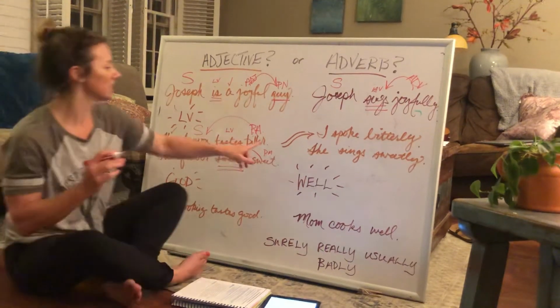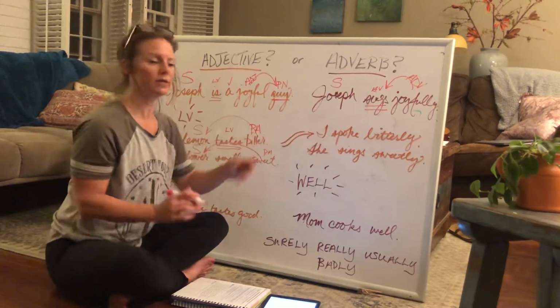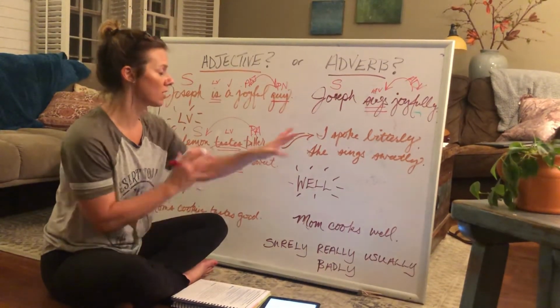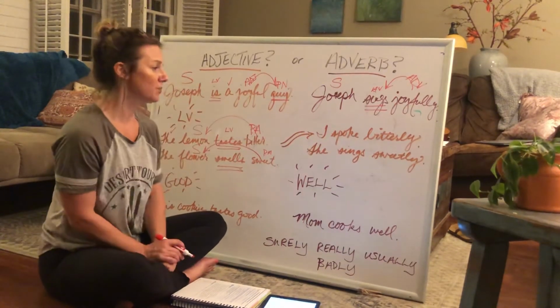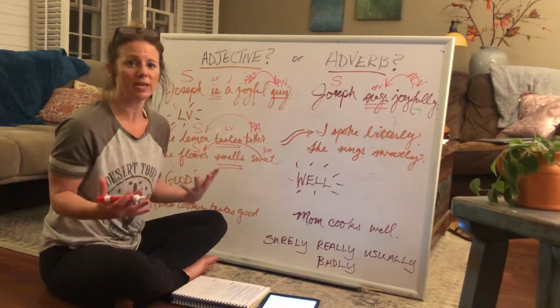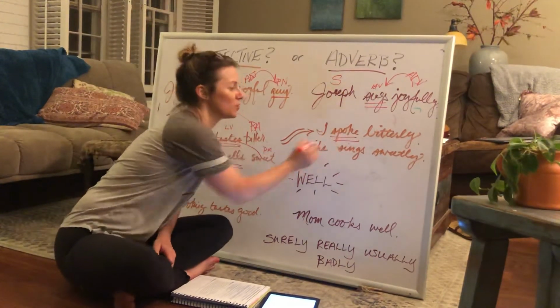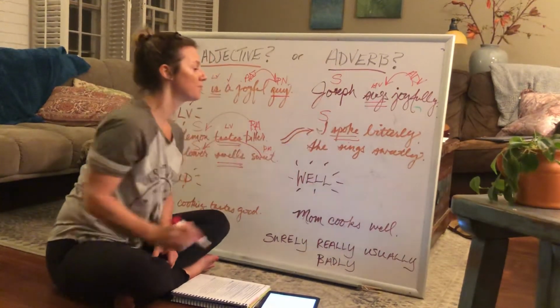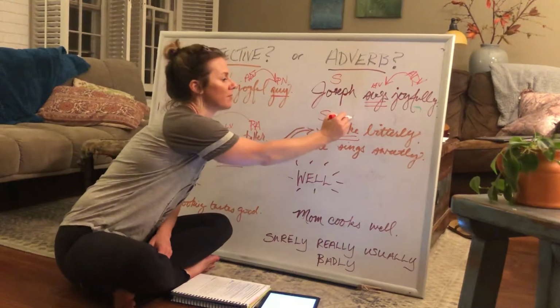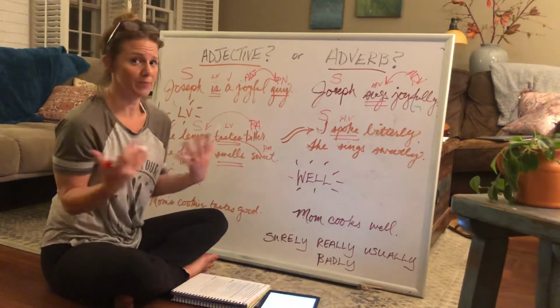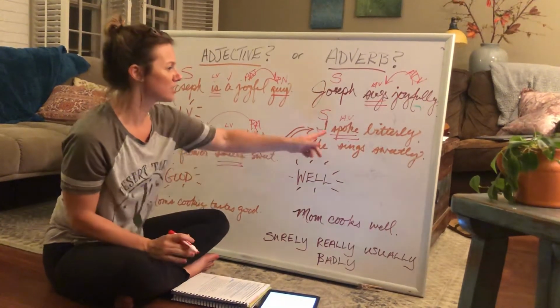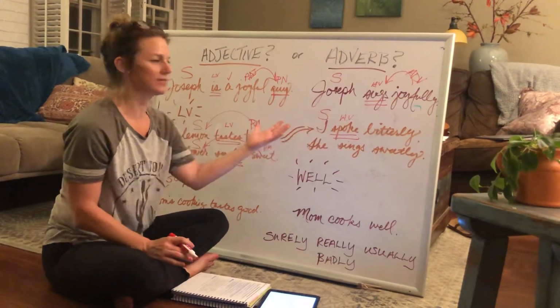But let's change it. Let's take bitterly and tweak it a little bit and talk about it in a different way. I spoke bitterly. Well, we're just going to do the same steps that we've been doing since August. Verb, spoke, who or what spoke, I did. Now I have an action verb, and maybe that will come in handy if I happen to have a complement, but spoke, who or what doesn't fit here.